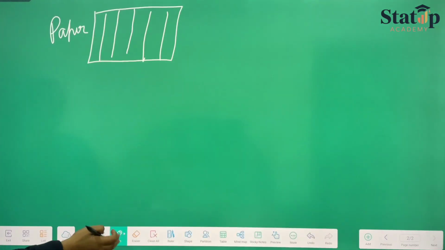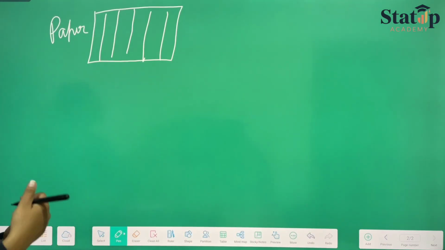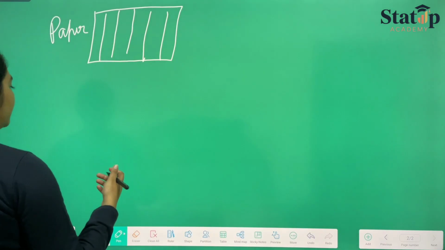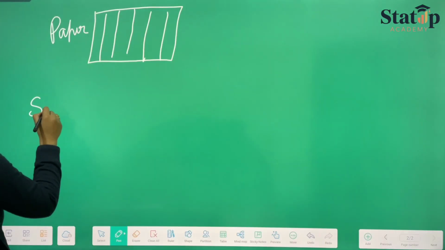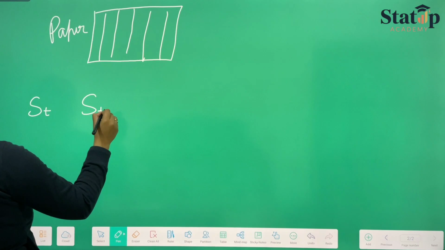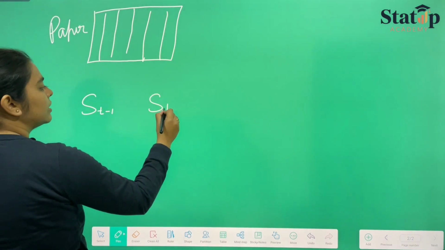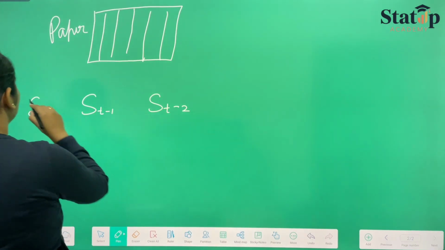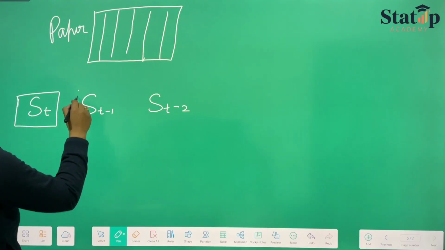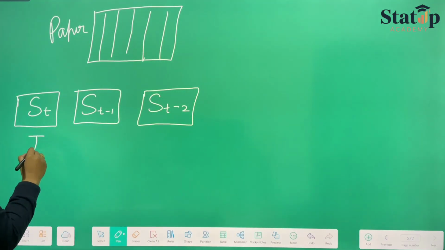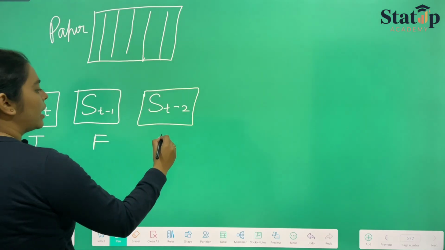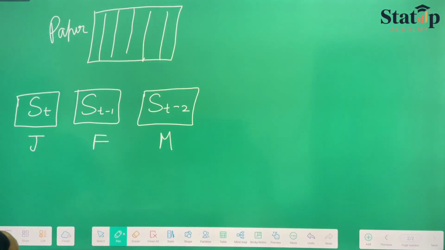Suppose we are calculating its values, rate at time st, time st minus 1, time st minus 2. These are the three time periods. Suppose these are the months. This is January, this is February, and this is March.